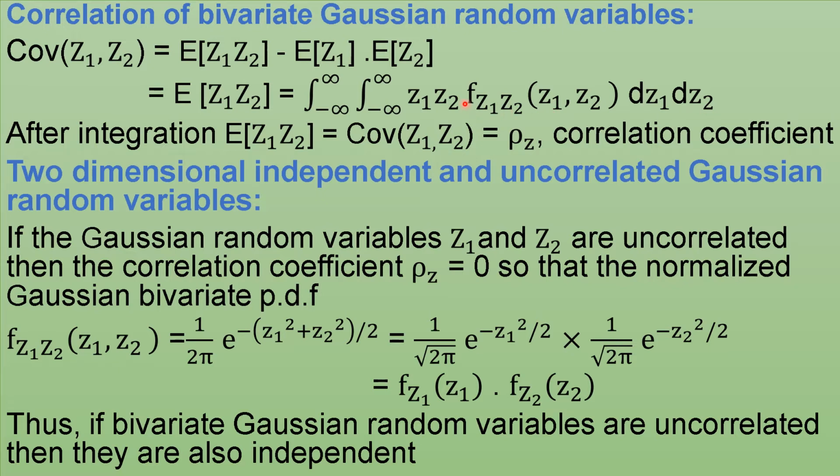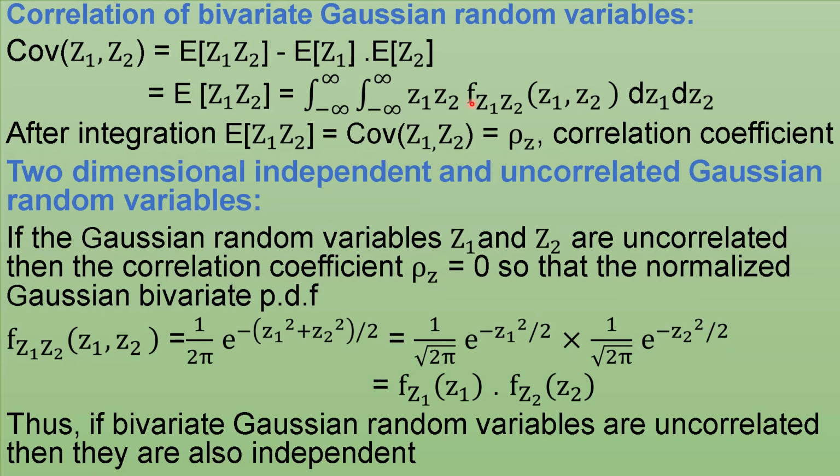In the previous slide you can see the probability density function of the bivariate Gaussian random variables Z1 and Z2 denoted as f Z1 Z2 of z1 comma z2.